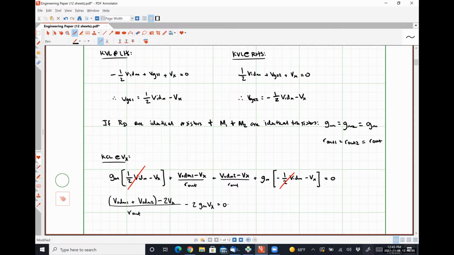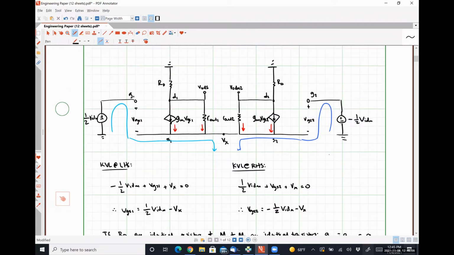If I did my algebra correctly, and I think I did. So all I did was add this guy and this guy, my differential mode output voltages together, making that term in the parentheses. And then there's 2 contributions of negative Vx over R out, and then there's 2 contributions of exactly negative GMVx.